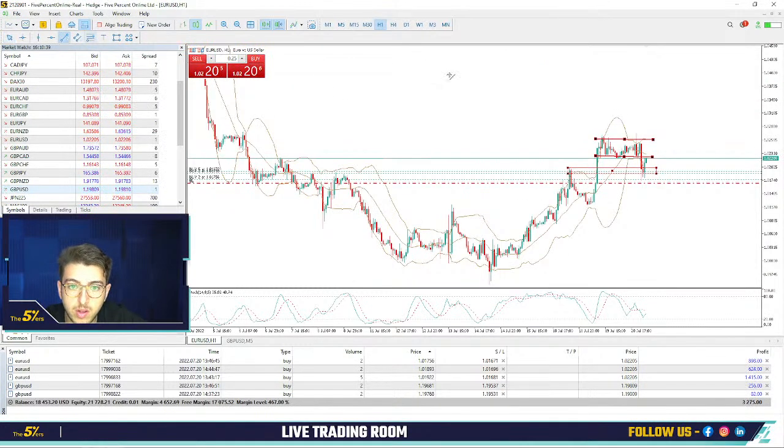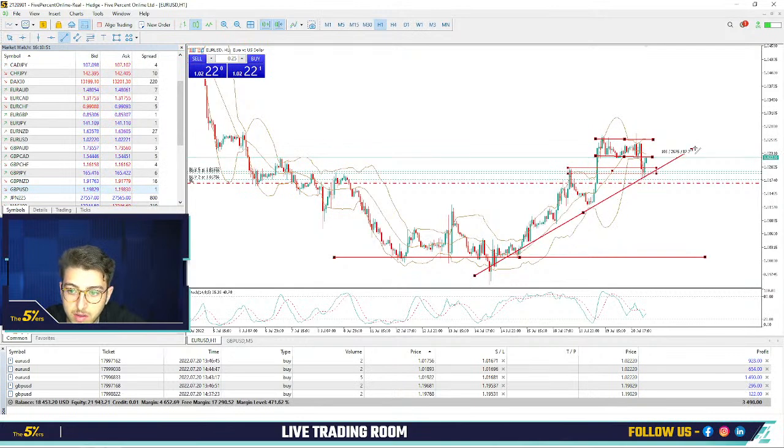If I go into H1 or H4, actually this is the EUR/USD. Actually we moved up to 1.02, and the trend on the H1 is, you see, an uptrend. The market already succeeded in making a higher low. So we have a higher low here, a low here, a low here, and actually this was the low of today.